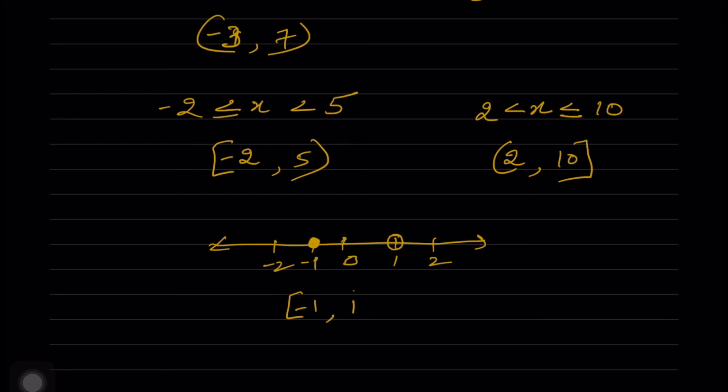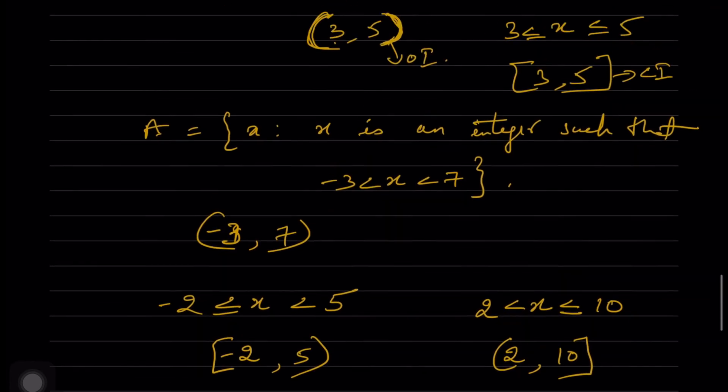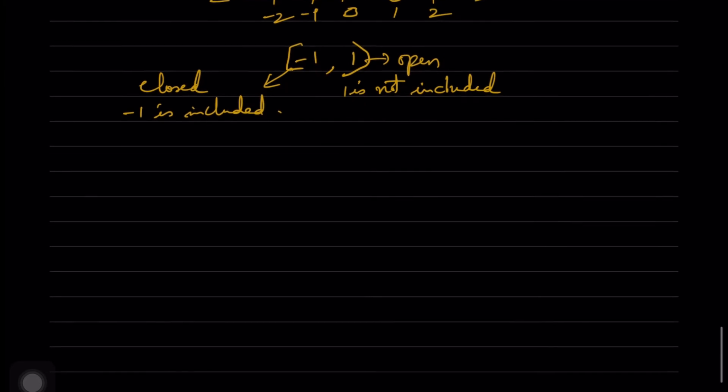And wherever the open bracket is at 1, it is not included. 1 is not included here, and -1 is included. Got it? So this is about open and closed intervals.